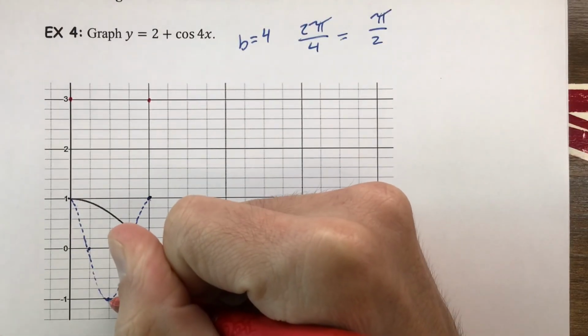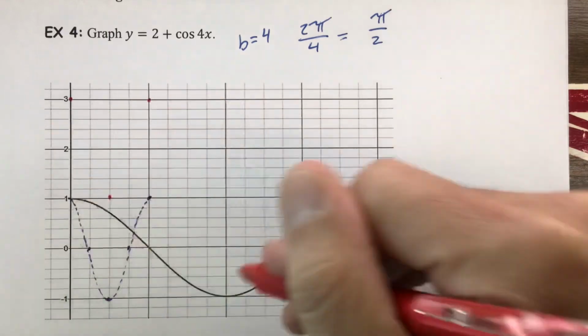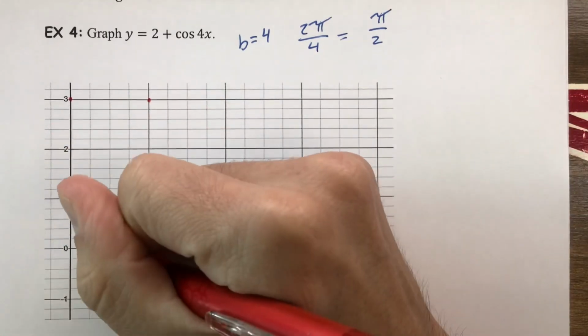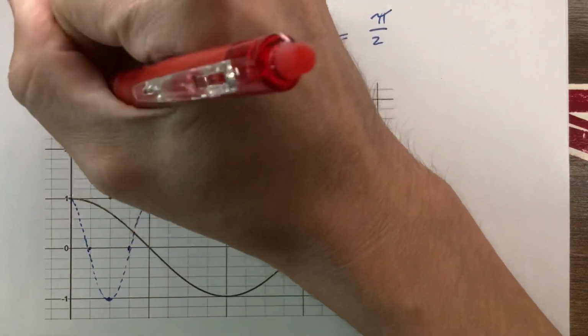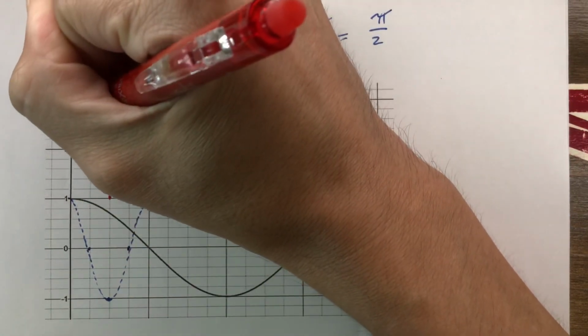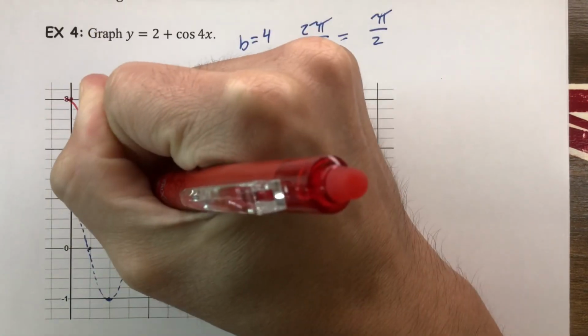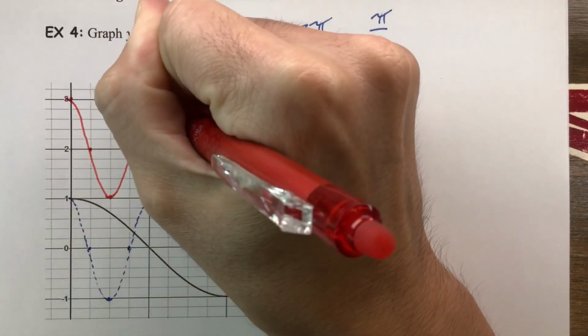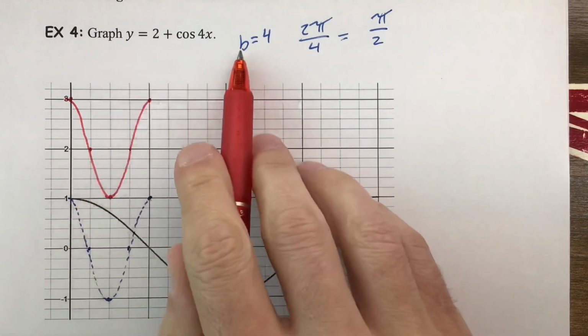Negative 1 is going to go up by 2. That will put you right here, which is pretty nice because now the graphs won't be on top of each other. This point will be here. That point will be there. And this is, again, pretty difficult to draw here because it's so tight, but that is going to be one period of the correct answer of this graph here.